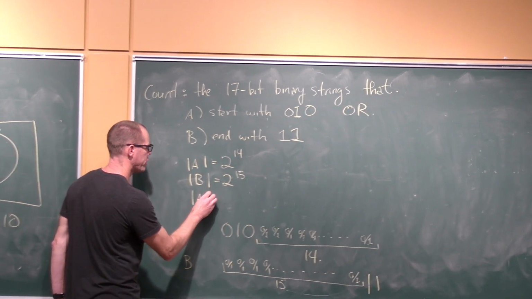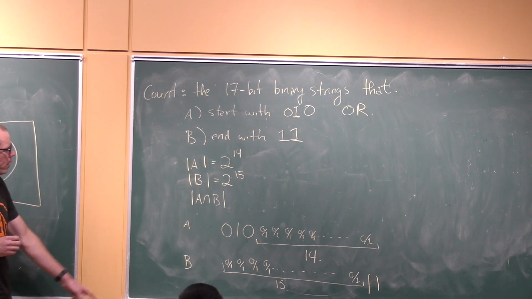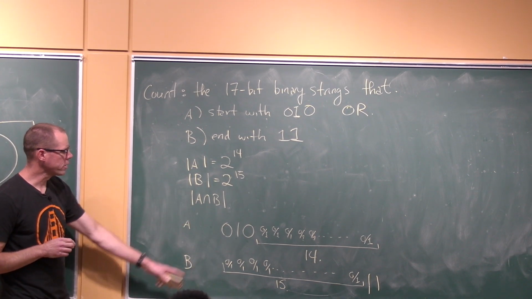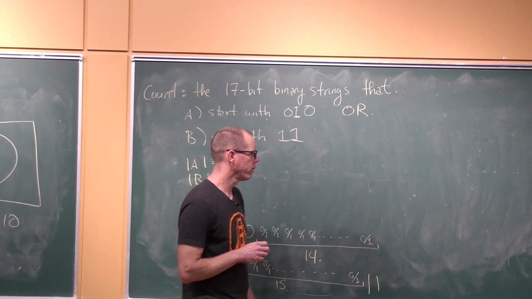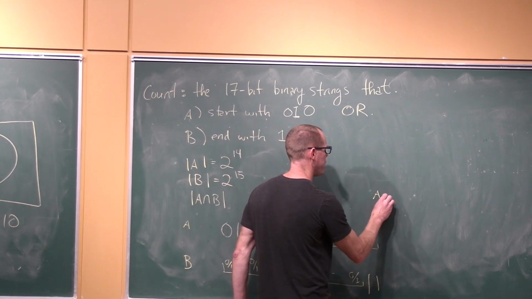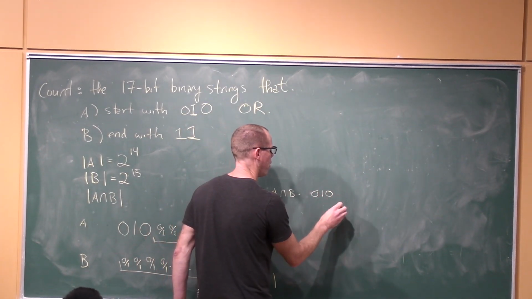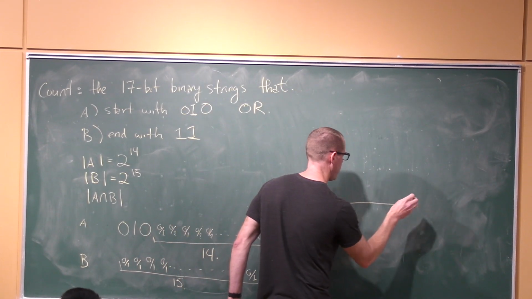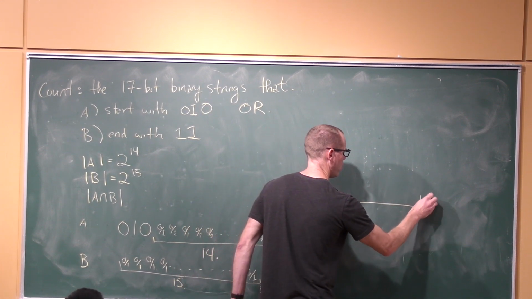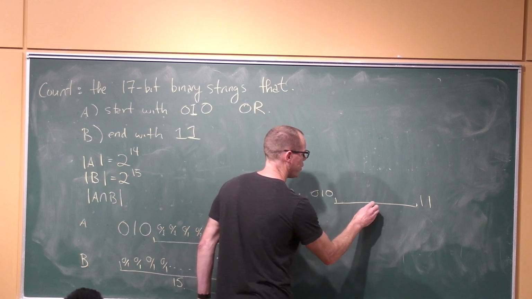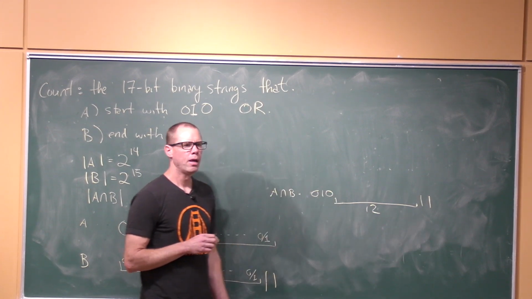And now we want to know the size of A intersect B. So these are the strings that start with 0, 1, 0, and they end with 1, 1. So those A intersect B strings look like this. 0, 1, 0. There's something in between. There's 17 minus 5, 12 characters in between.